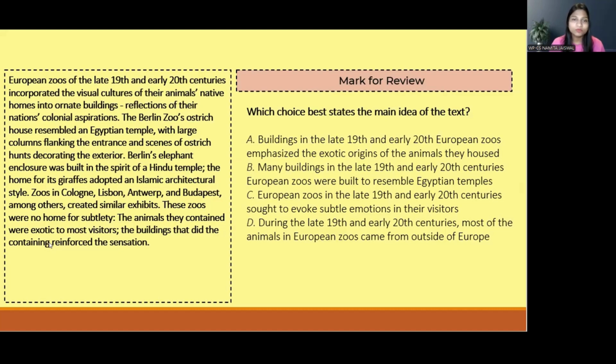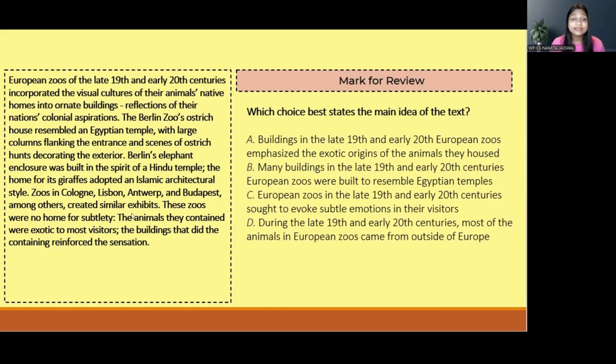These zoos were no home for subtlety. The animals they contained were exotic to most visitors. The buildings that contained them reinforced the sensation. Now, what is this paragraph actually talking about?